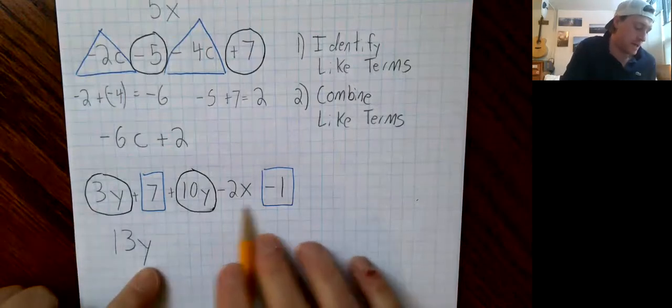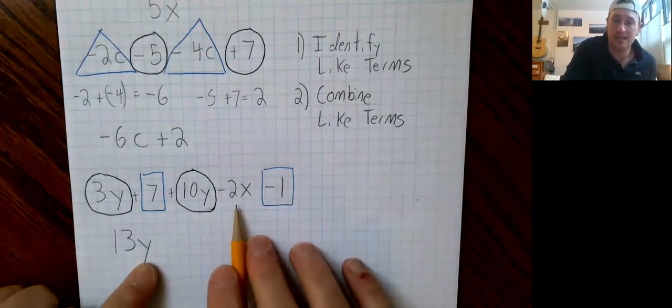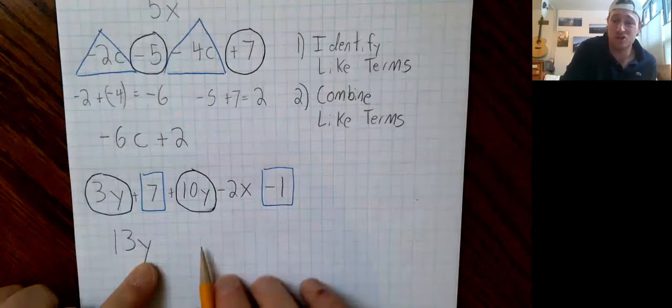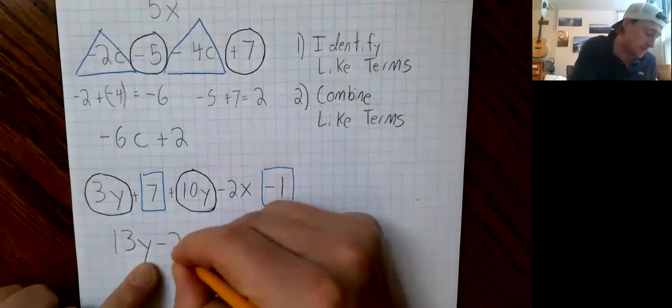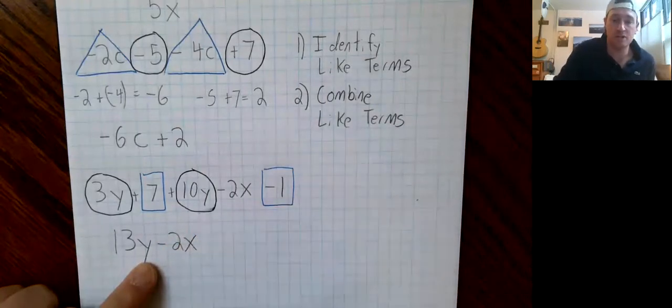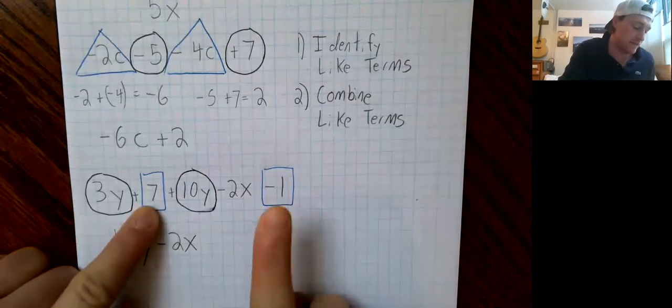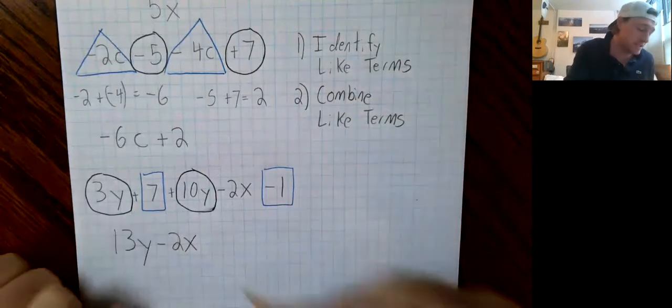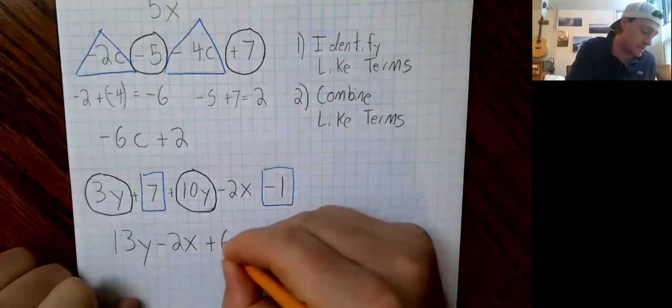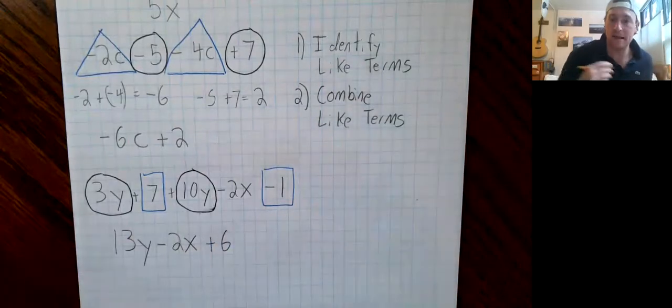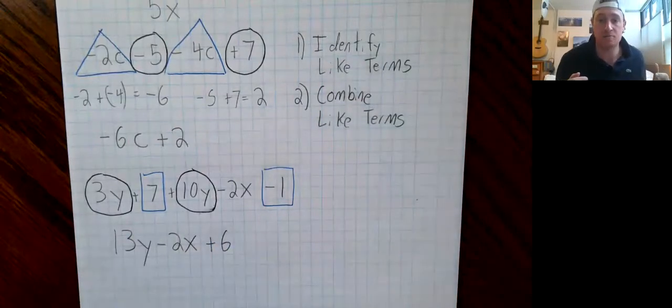I'm going to leave my constants at the end. So this 2x, since it doesn't combine with anything, it's just going to drop down as is, minus 2x. And then I'm going to combine these guys, a plus 7, minus 1. That's a plus 6. And that's it. There's my simplified expression.